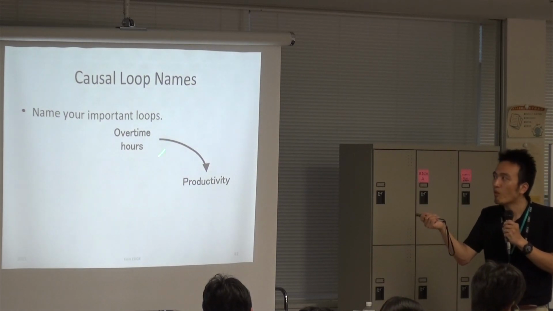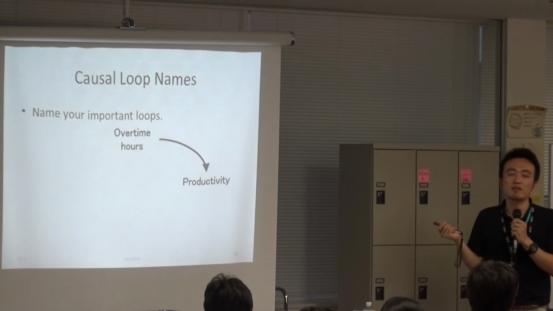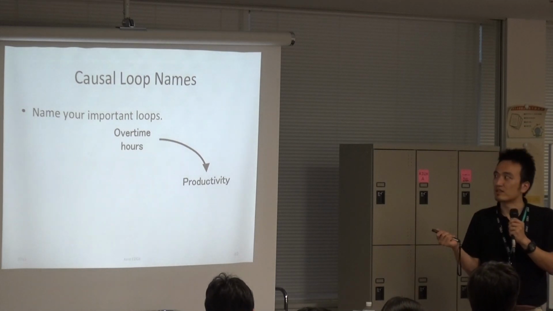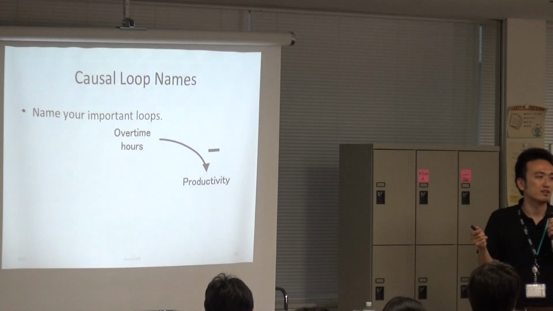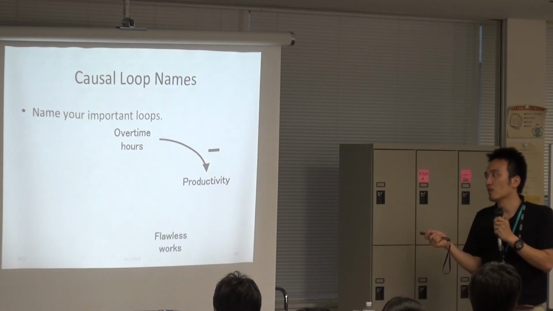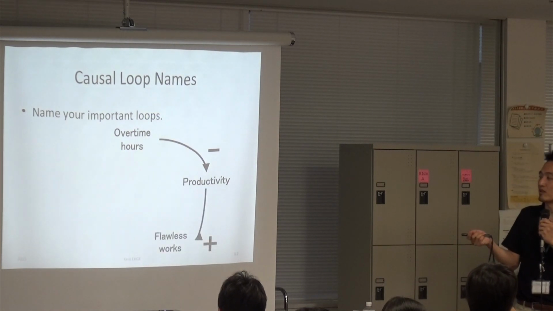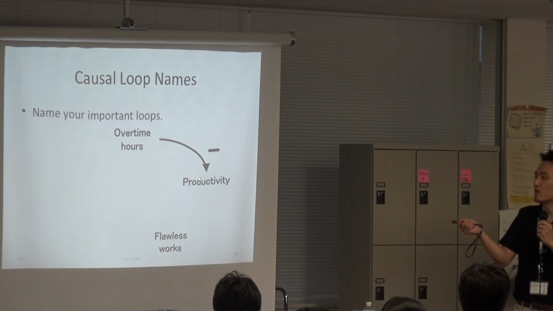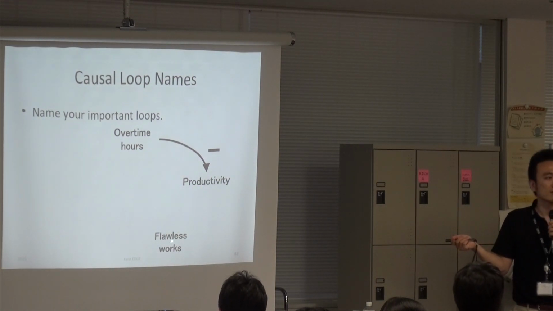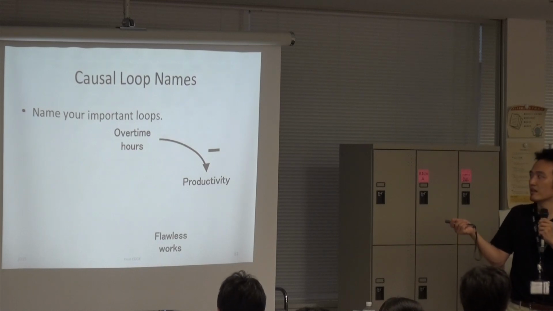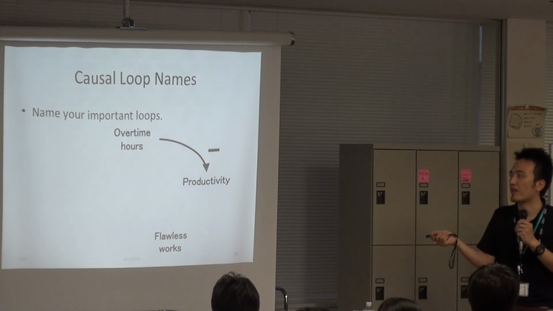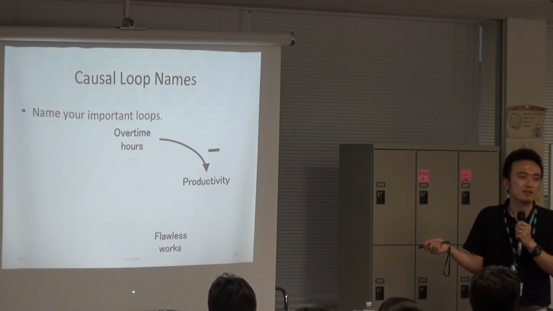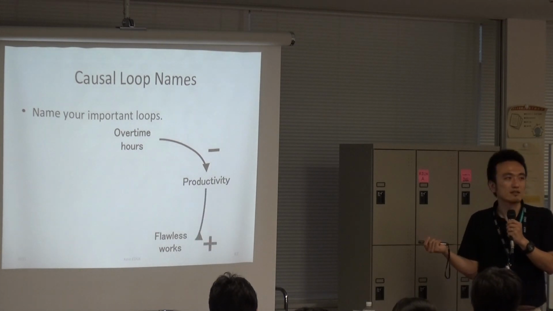Increase. If you have more overtime hours, what happens to productivity? Decrease. So it's a minus relationship. Now productivity and flawless work. When productivity goes up, flawless work increases. When you have lower productivity, flawless work decreases. So it's a plus relationship.